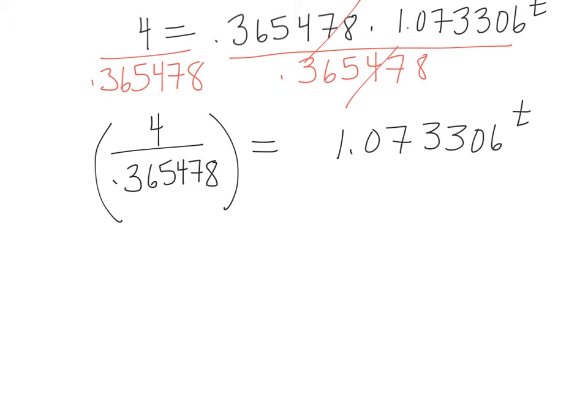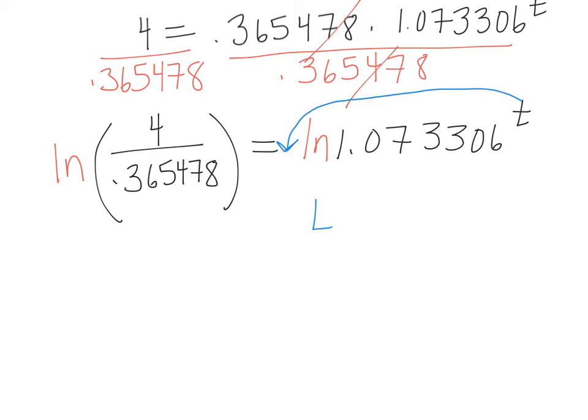Okay. Now I need to get t, but the only way to get t is to take a natural log of both sides. So I'm going to take a natural log of the right and a natural log of the left. What that's going to do is it's going to allow this t to fall down to the front.